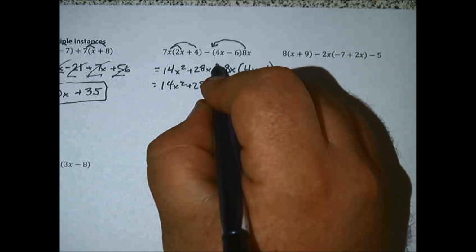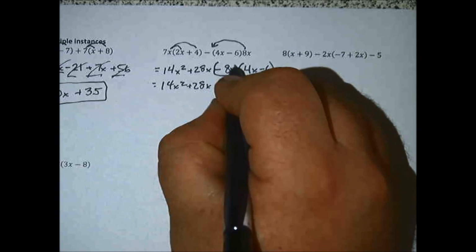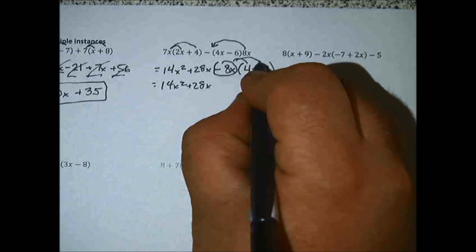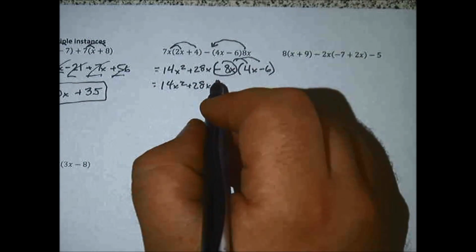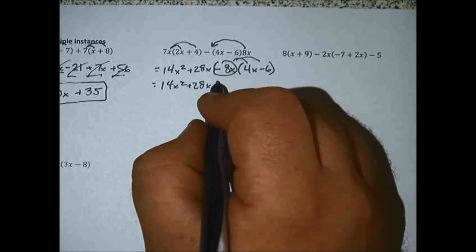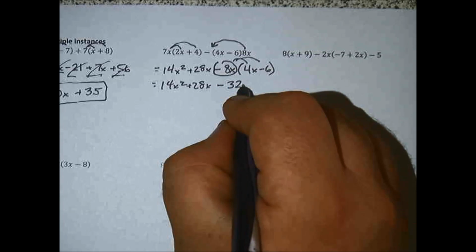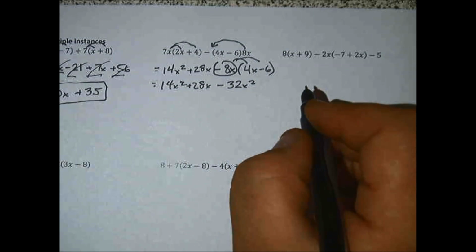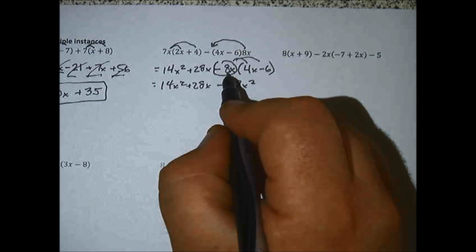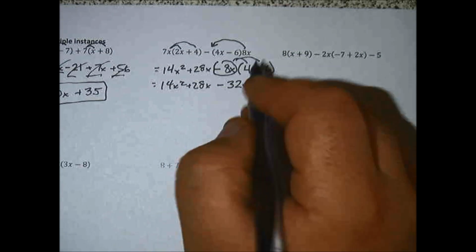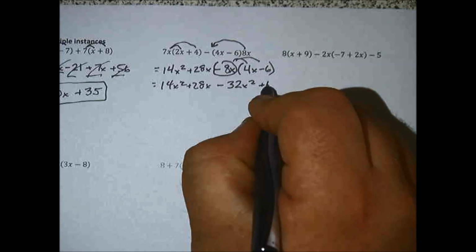And now I can do this problem with my negative 8x, distributing that inside the parentheses. Negative 8 times 4 is negative 32. X times x is x squared. Okay. A negative 8 times negative 6 is a positive 48.